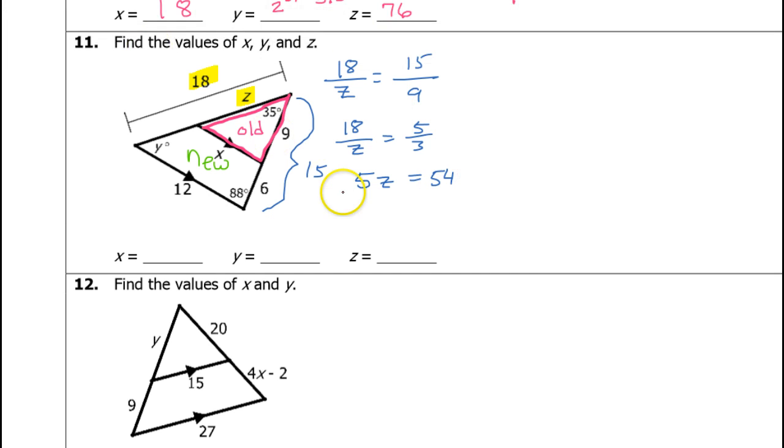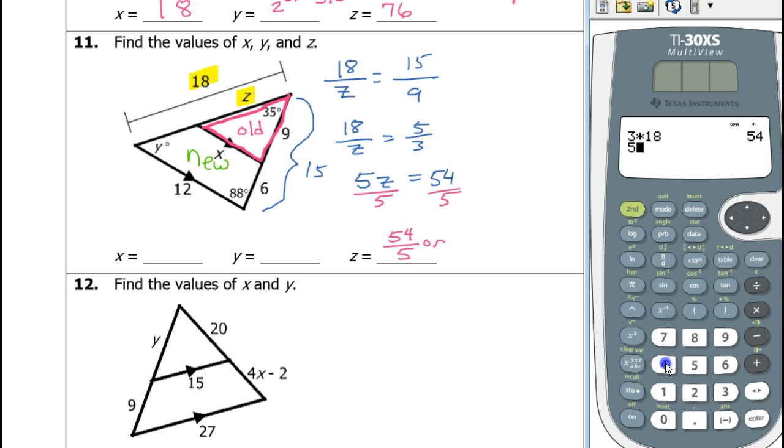And then if I divide both sides by 5, this won't go in evenly. So this tells me that z is going to be 54 over 5. Or if I want a decimal, I will do 54 divided by 5, and that's 10.8.